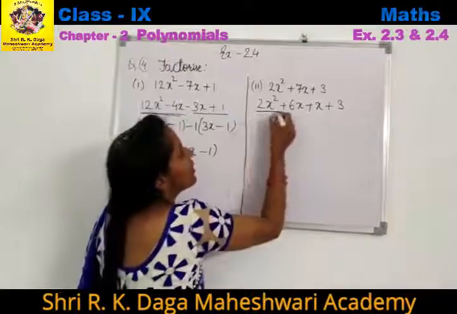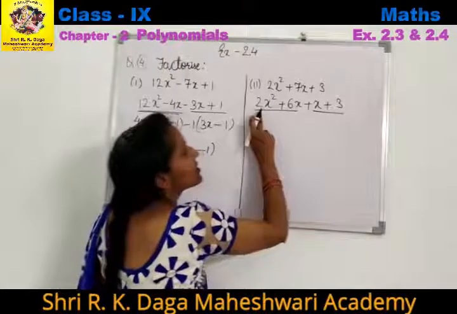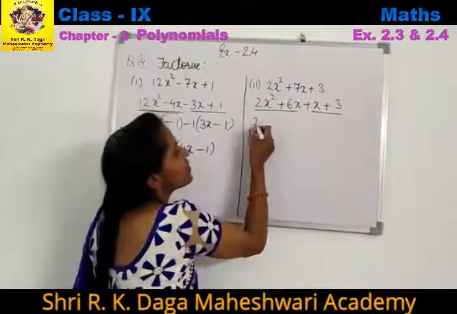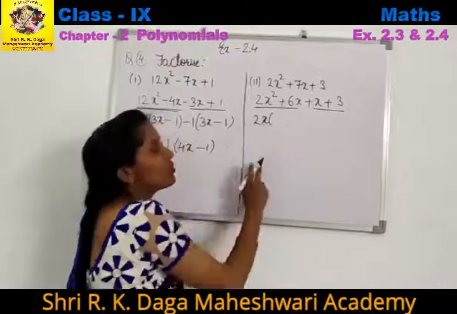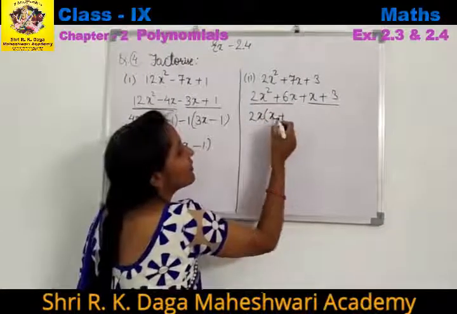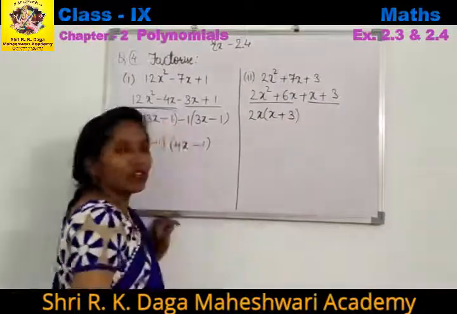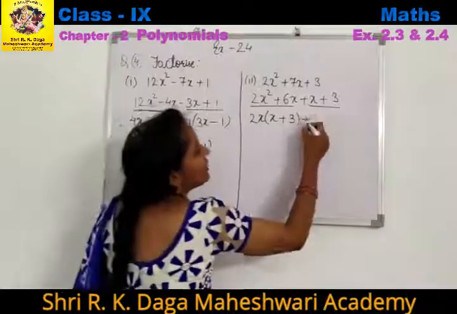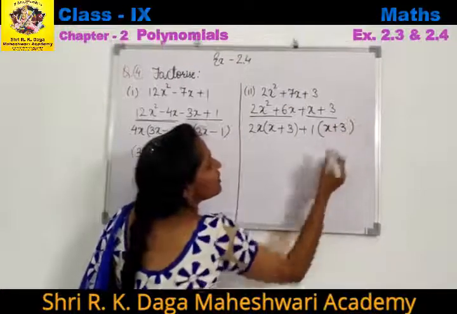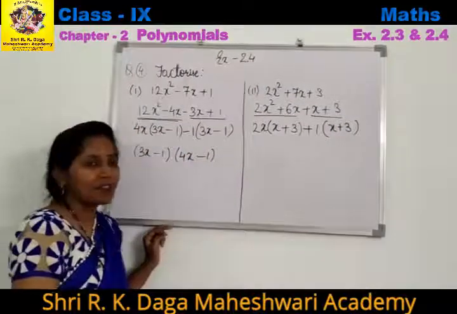So again we will take the first two terms and the last two terms. From the first two terms we can take 2x as common. When we take 2x as common, inside the bracket we will write x plus 3, and from this we can take only plus 1. So in the bracket we will write x plus 3.